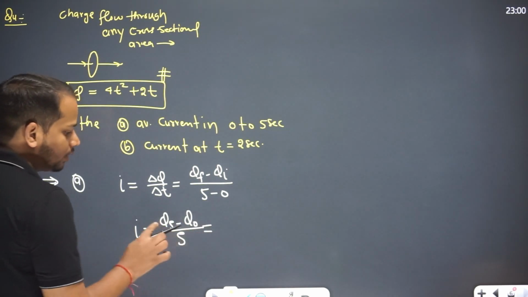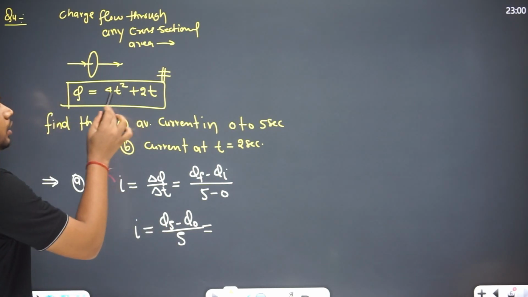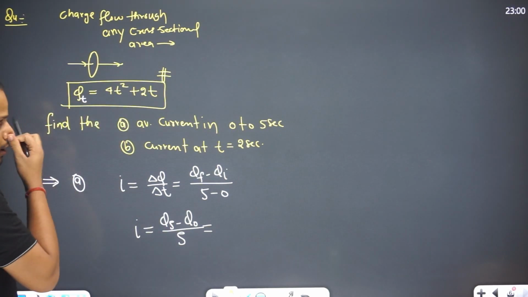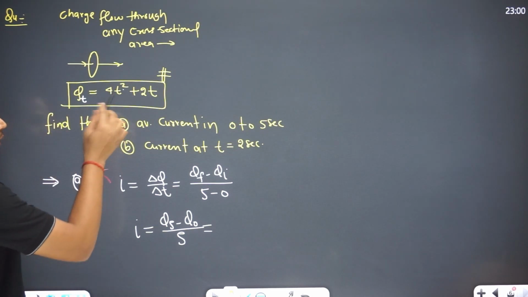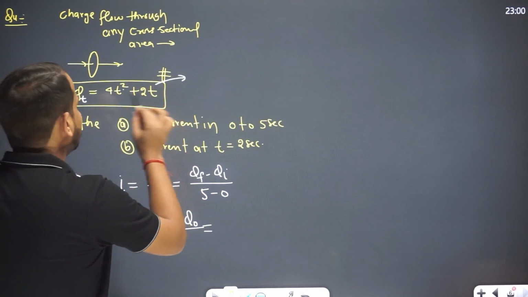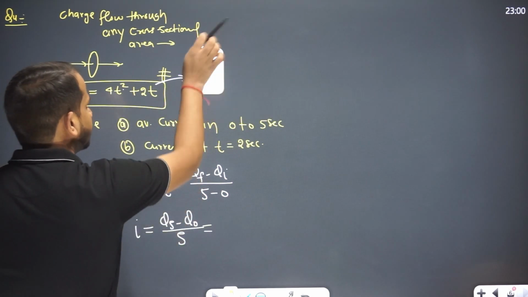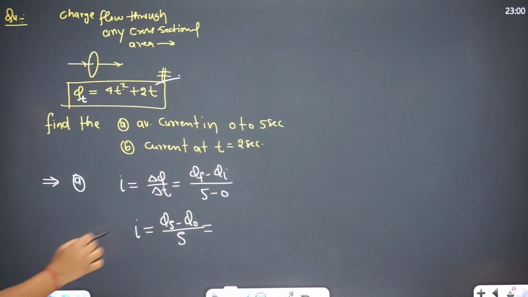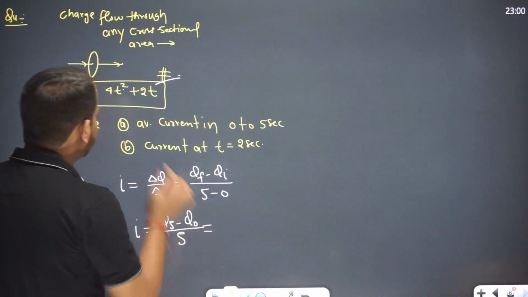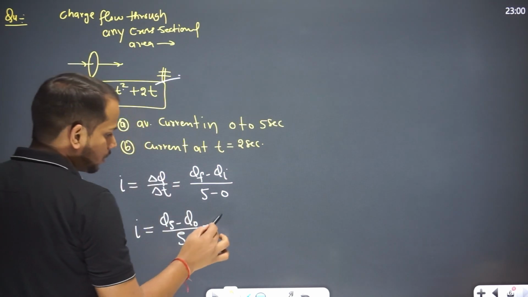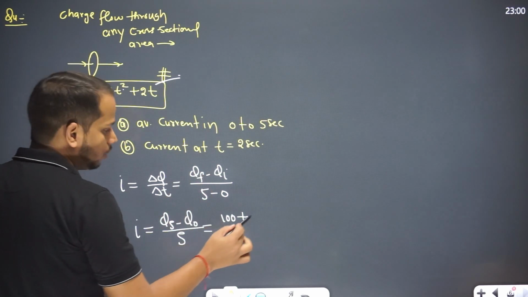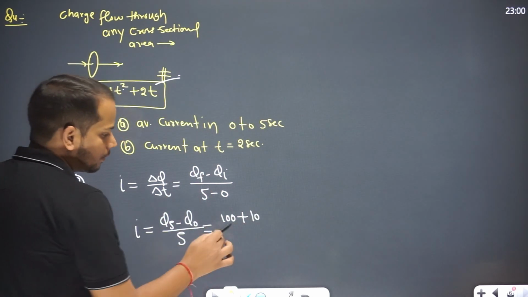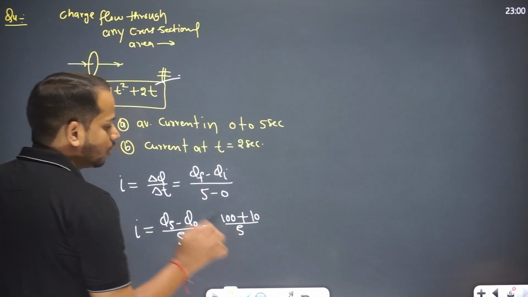What is the charge at 5 seconds? It's a function of time, so let's put the 5 over here. So what will happen when we put the 5? It will become 4 times 5 squared, which is 25 into 4, that is 100, plus 2 into 5, which is 10, divided by 5.